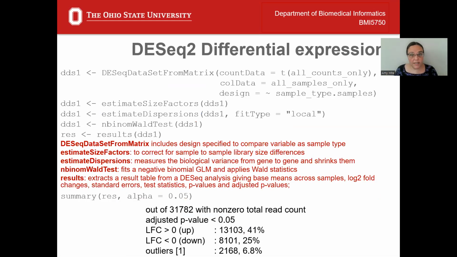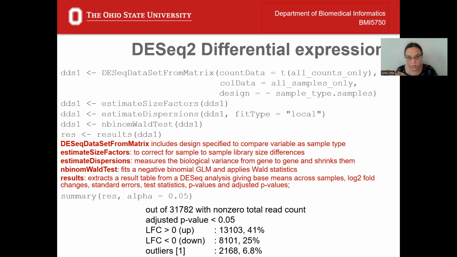These are the commands that you would use to run DESeq2 differential expression analysis. The things you're going to need are a counts table, which we have right here, a sample table, and information on what group each sample belongs to, which is bound up in this sample_type.samples design matrix.